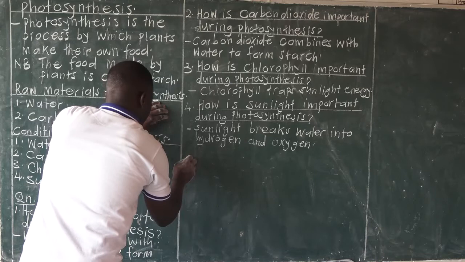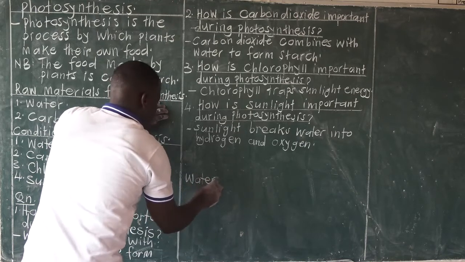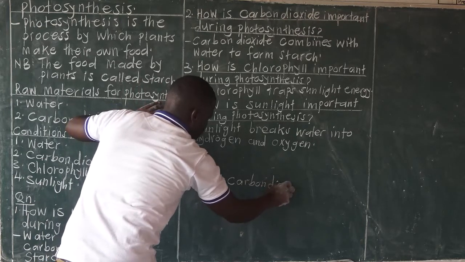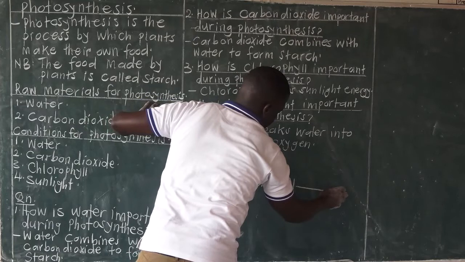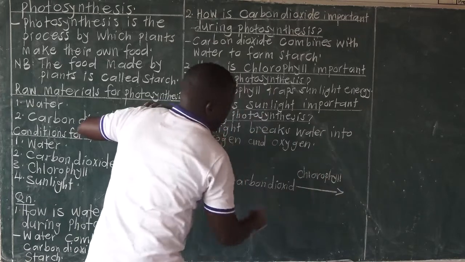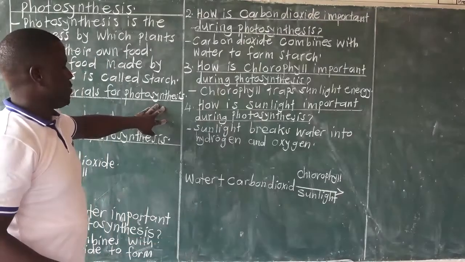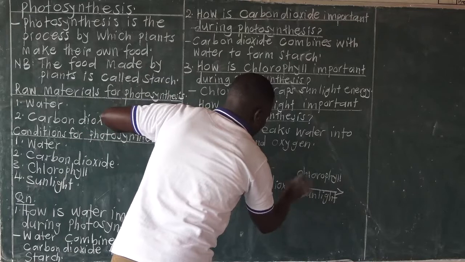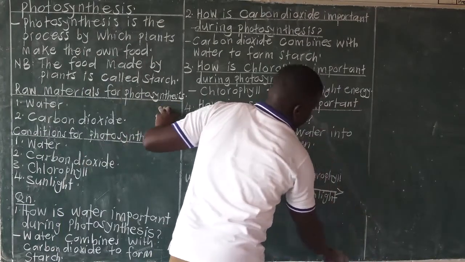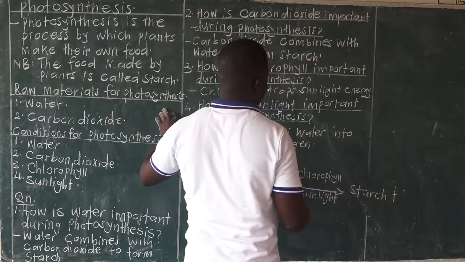We shall say water plus carbon dioxide in the presence of chlorophyll and sunlight gives you starch plus oxygen.